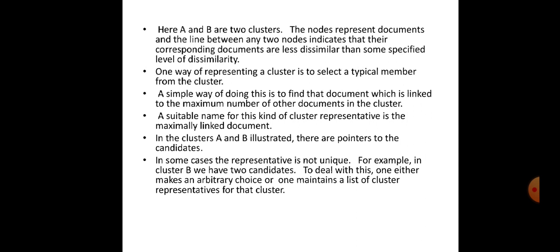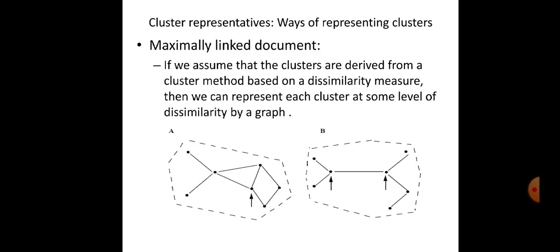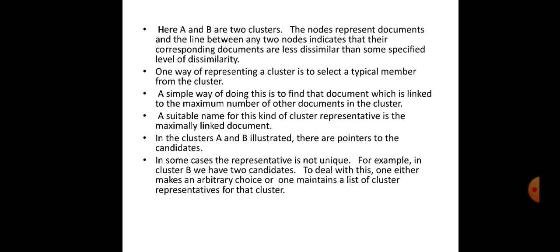In the clusters A and B illustrated, there are pointers to the candidates. Here you can see the pointers or arrows to the candidates. Those nodes are our candidates. In some cases, representatives may not be unique. We already discussed that. In cluster B, we have two candidates.